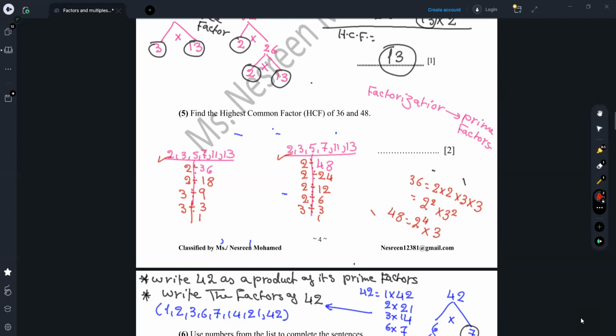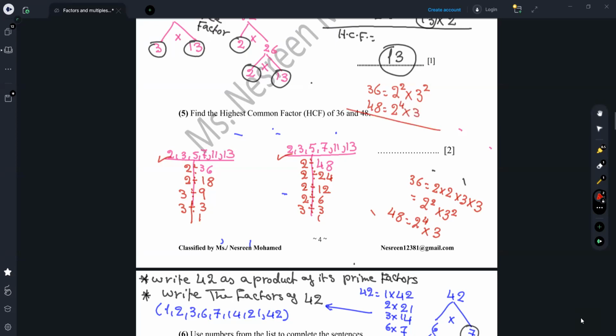So here I will write what? 36 is 2 power 2 multiply 3 power 2. 48 is 2 power 4 multiply 3.